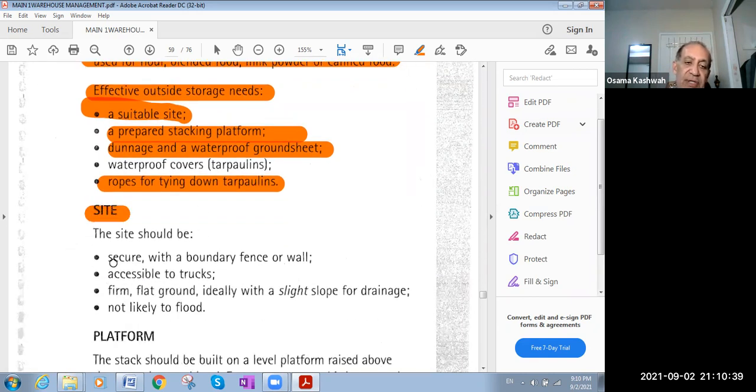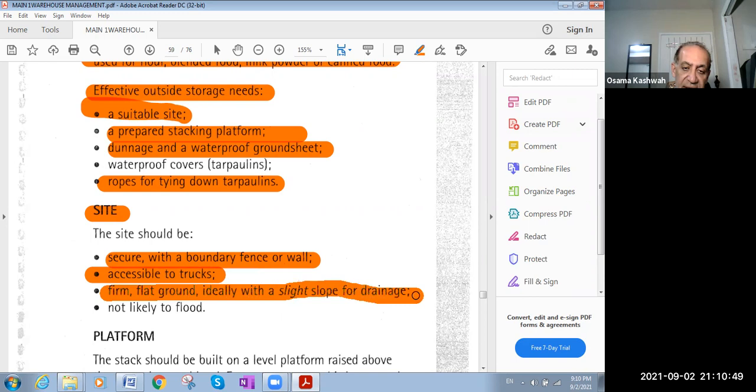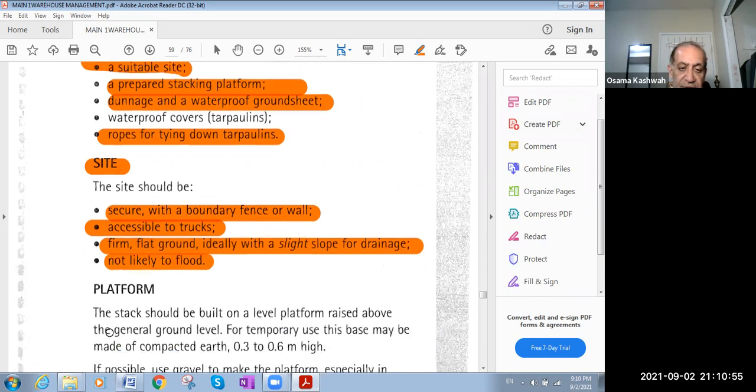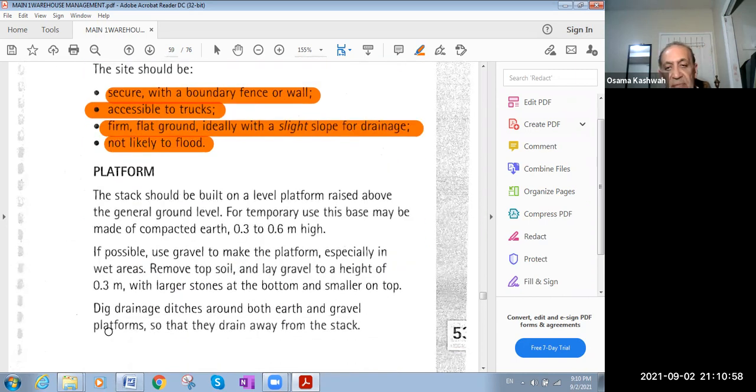The site should be secure with a boundary fence or wall. Of course, it must be accessible to trucks. Firm, flat ground, ideally with a slight slope for drainage, not likely to flood. And the platform?